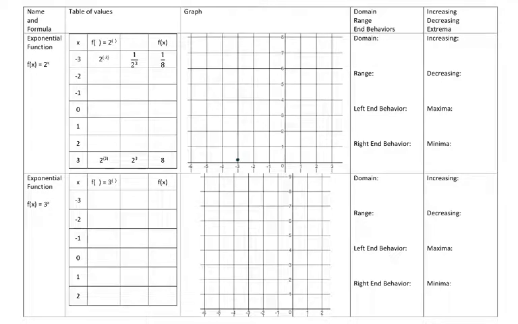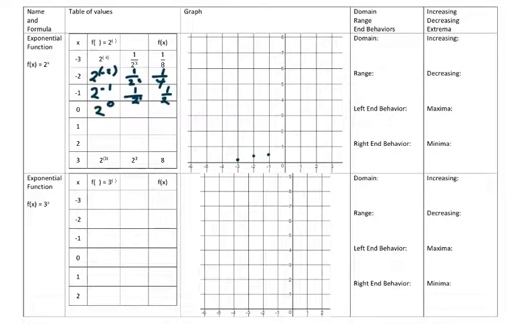Okay. 2 to the negative 2 is going to be 1 over 2 squared, which is 1 over 4. Okay. Plotting that value, 2 to the negative 1 is going to be 1 over 2 to the first, which is just 1/2. So over here at negative 1 is going to look right about there.